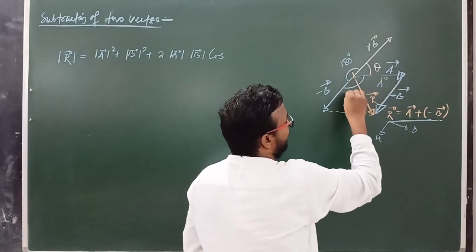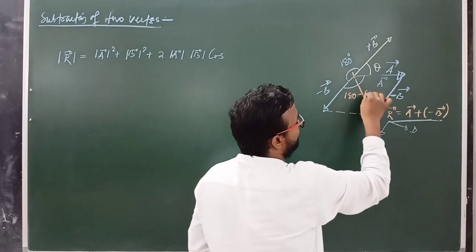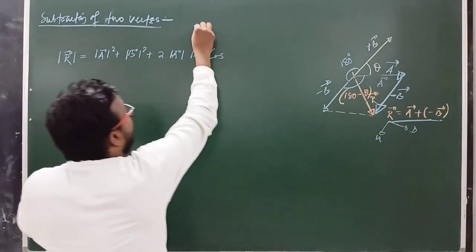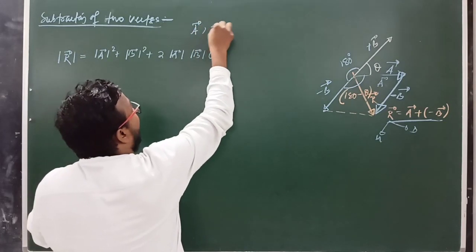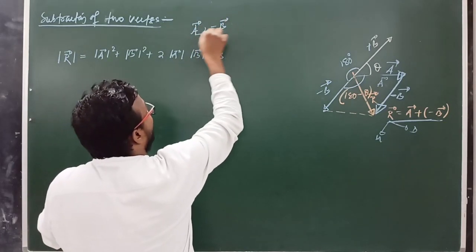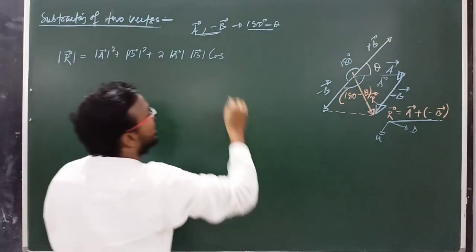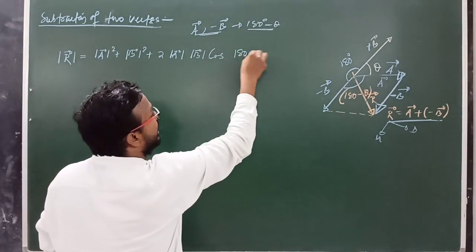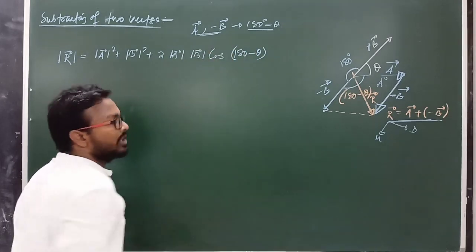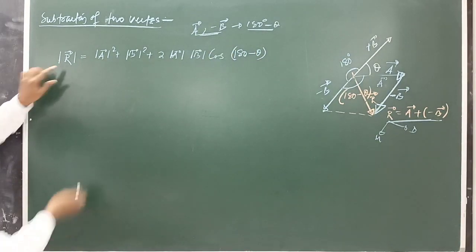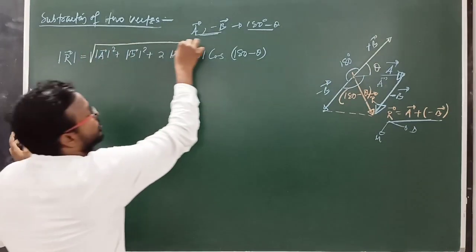So this total angle is known as 180 minus theta. So here the angle between a vector and minus b vector is equal to 180 degree minus theta. So you have to use here angle 180 degree minus theta. Clear? And this is the resultant under root.